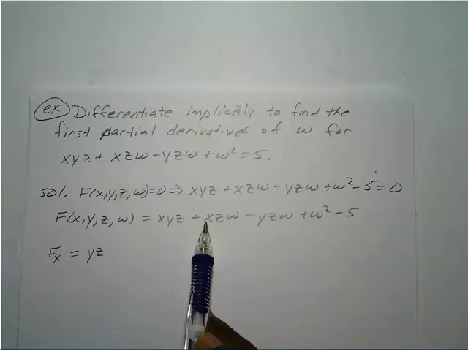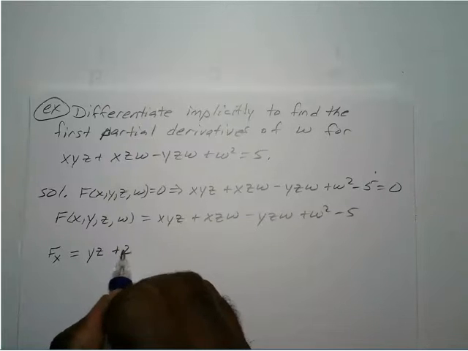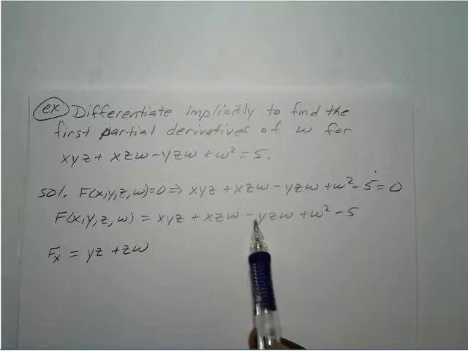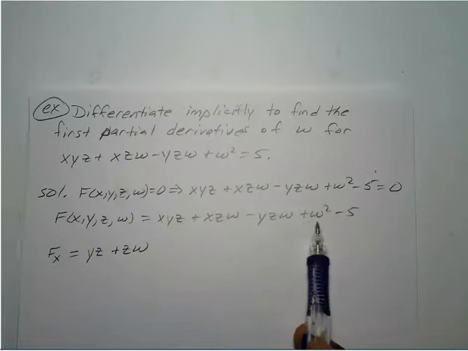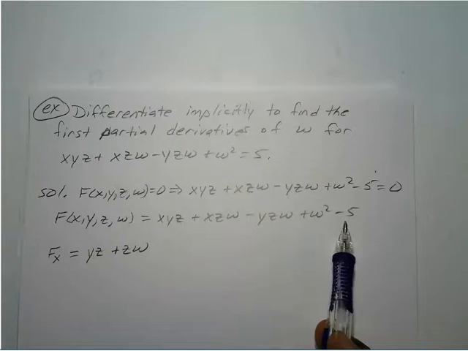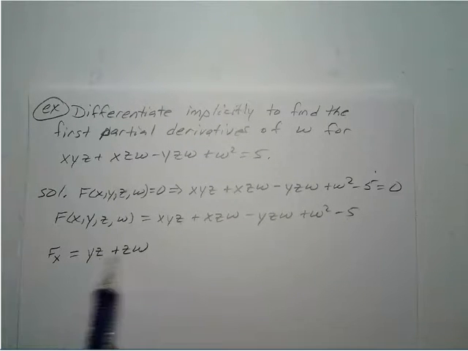Derivative of x is just 1, so 1 times zw is just zw. There is no x here, so everything there is considered a constant. Derivative of a constant is 0, so that disappears. Same here, no x, derivative of a constant is 0. So that's our partial with respect to x.